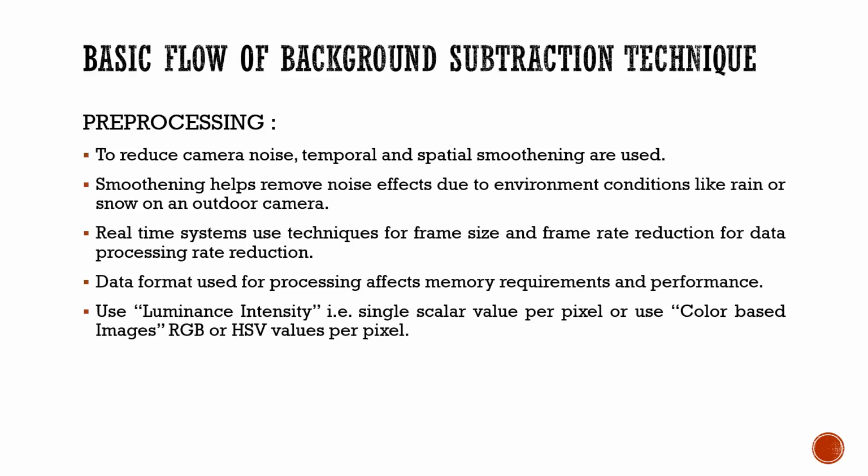Many of these algorithms use luminance intensity, which is just a single value per pixel, making it attractive, but it may affect the accuracy. However, to improve accuracy, people also use RGB or HSV, that is a color-based image, because of its performance advantages at low contrast, and also for suppressing cast shadows, which cause noise.